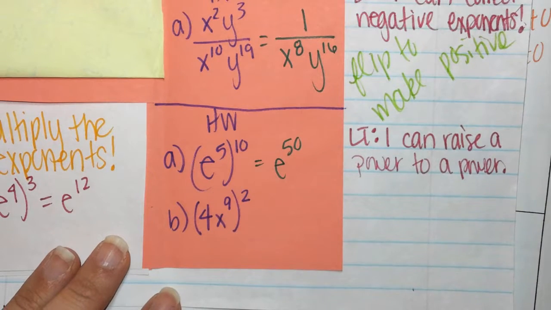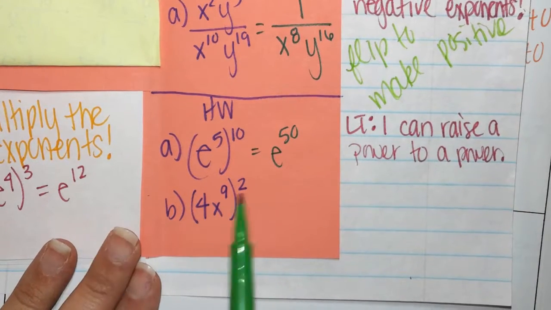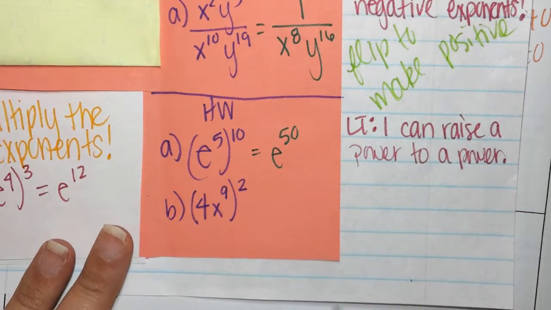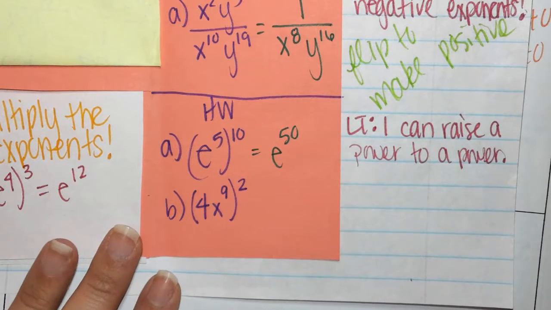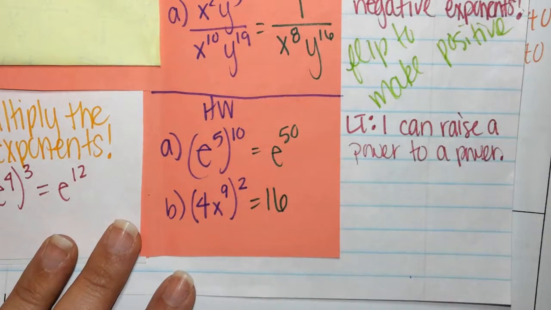Now, we haven't done one yet where we have a coefficient up front, right? So are we going to multiply 4 times 2, or are we going to square that 4? We're going to square the 4. So what's 4 squared? 16.